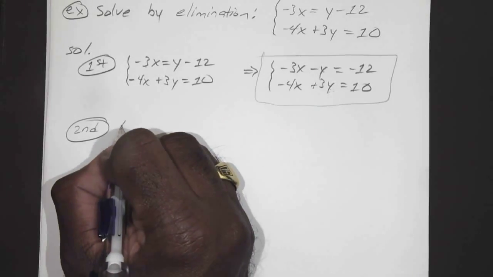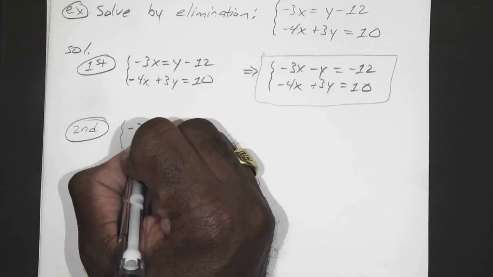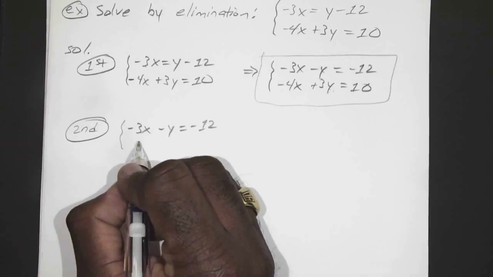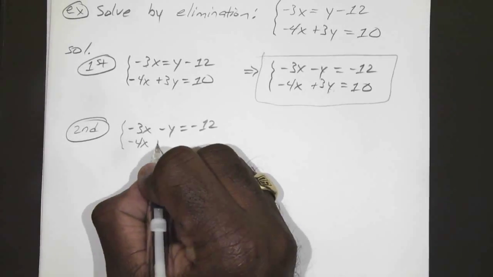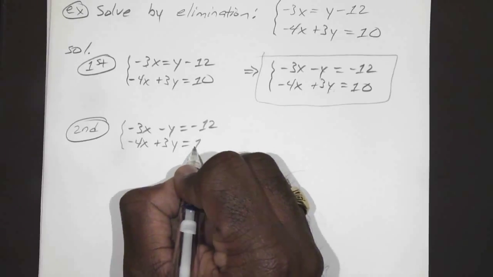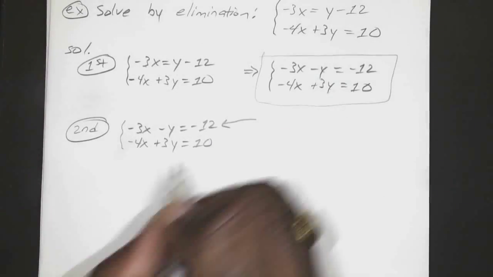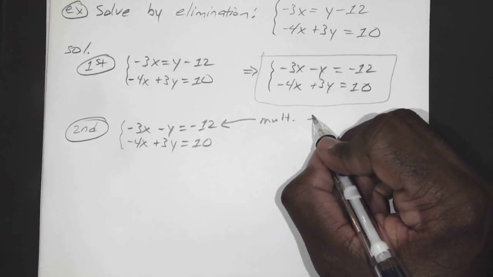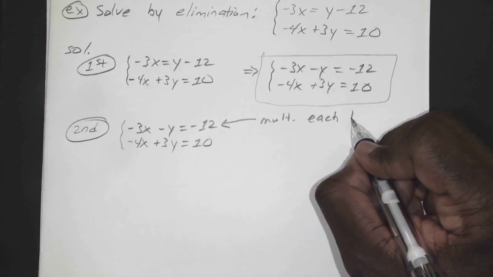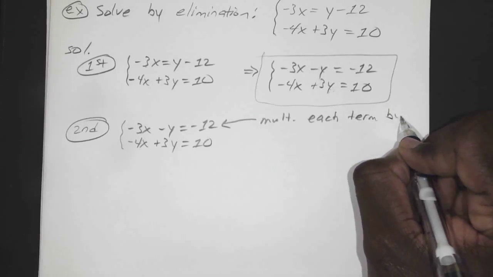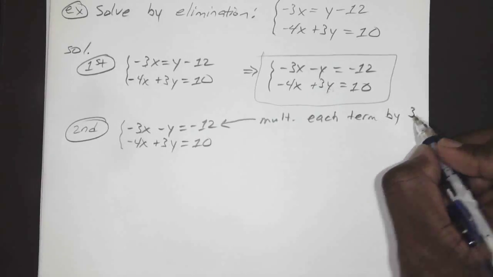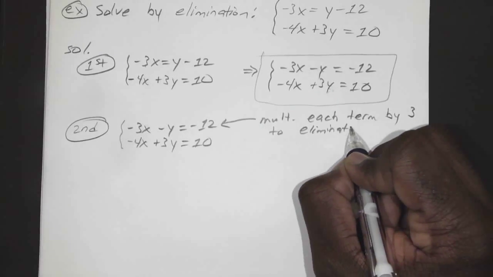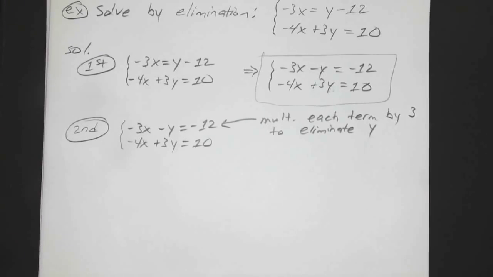So at the first equation, we're going to multiply each term by 3 to eliminate the y.